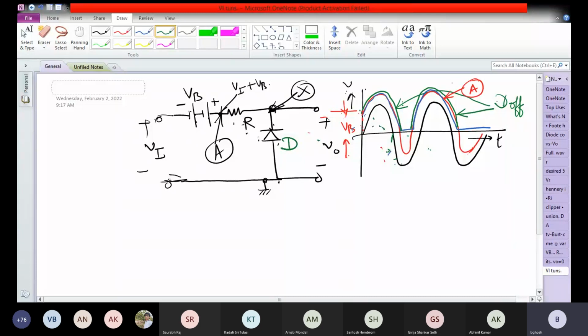So therefore, the voltage at this point will be, again, please assume that this will be where the diode is on. Diode is on. Draw the red color.